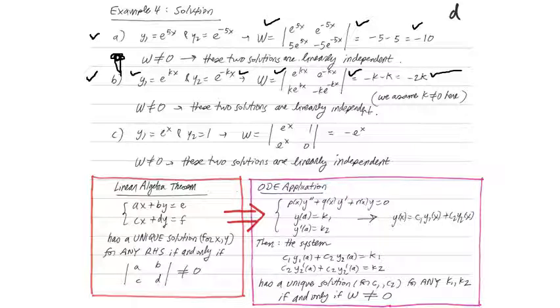And we are assuming at this point that k is not 0. So if k is not 0, your Wronskian is not 0, and your 2 solutions are linearly independent.